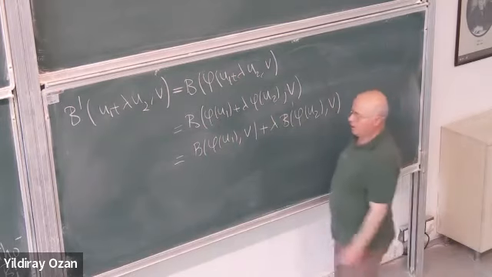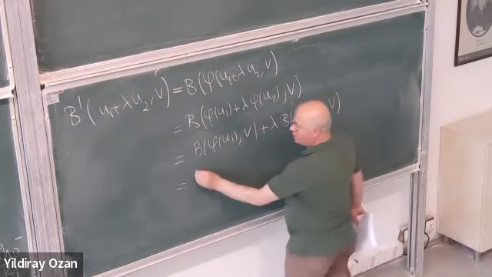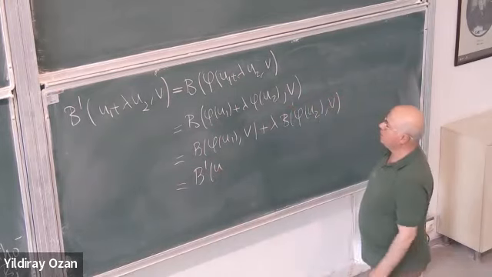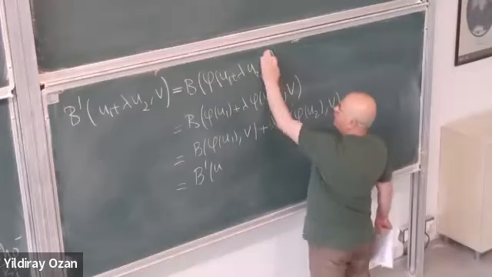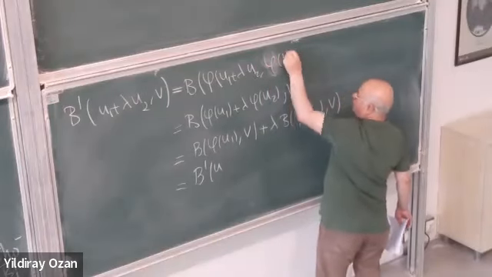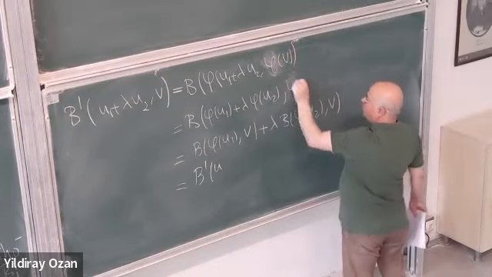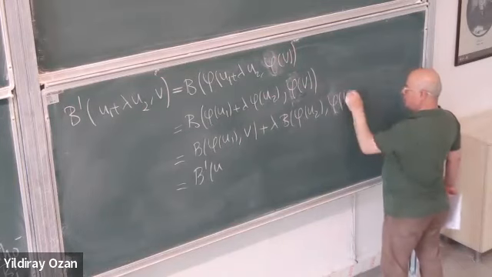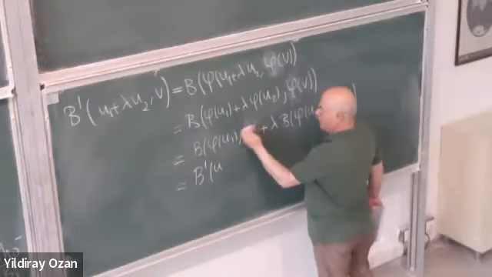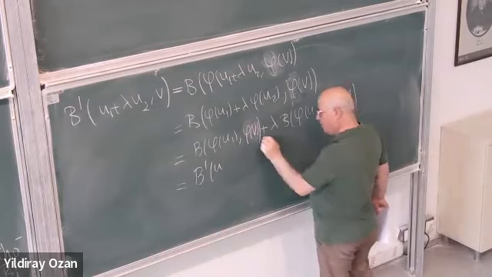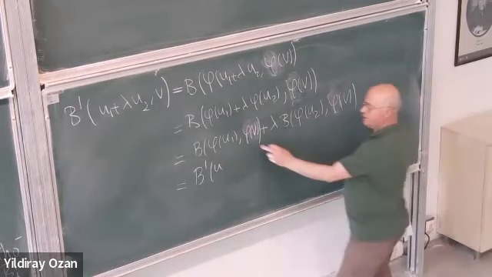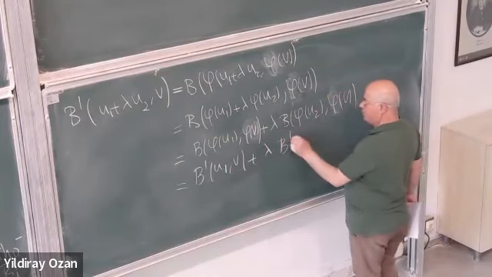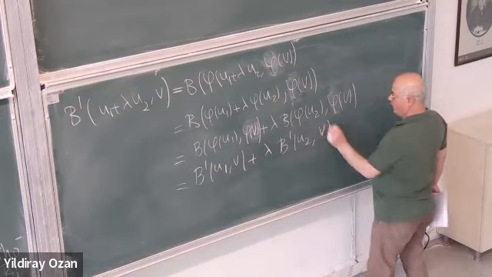But by definition, it is just B prime of u1 plus lambda B prime of u2.